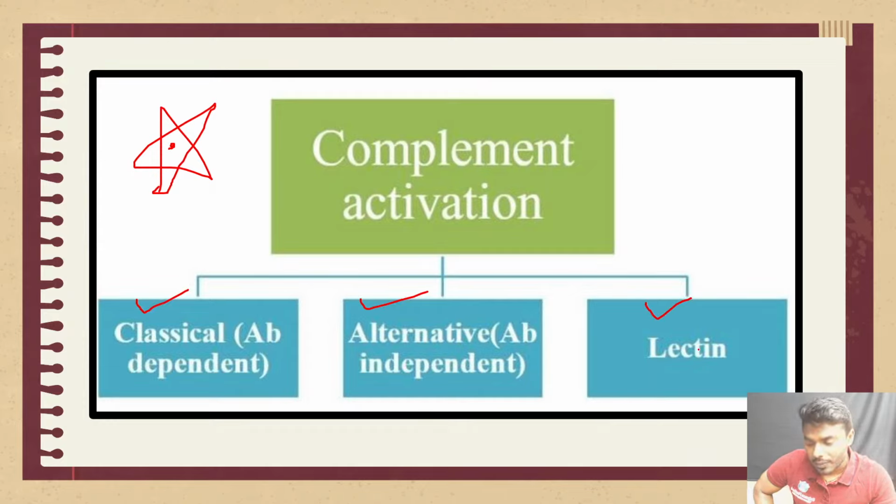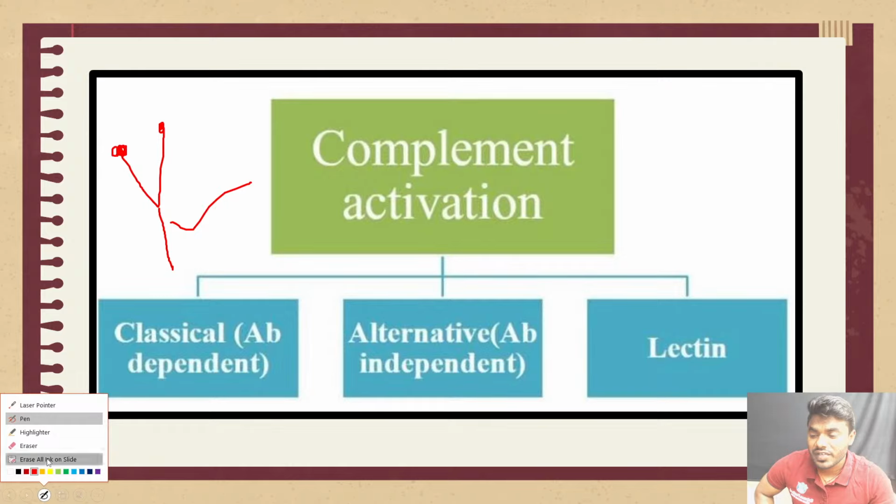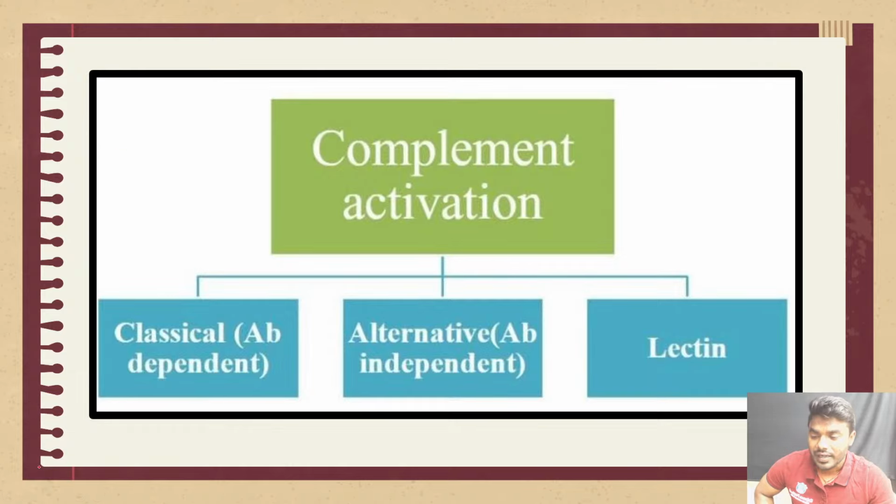Lectin mediated complement system means the complement system which is mediated by the sugar pathway. When I use the word classical complement pathway, every student has to remember there should be a compulsory requirement of antibody antigen complex. Without the presence of antibody, the complement pathway is not getting activated. That is why we call it the classical complement activation.